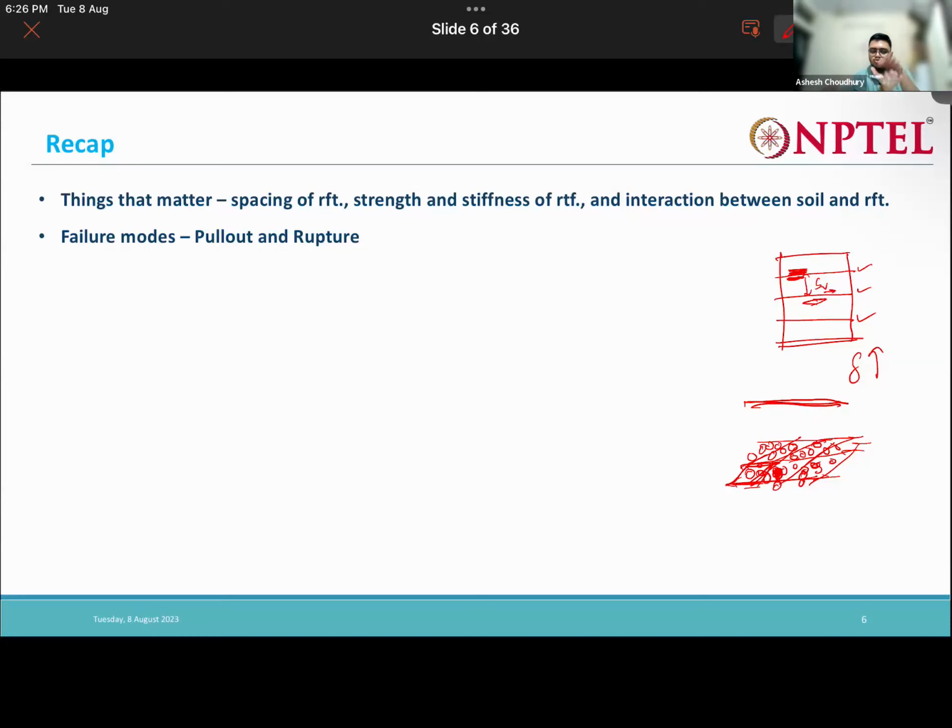If the reinforcements are too near, then it won't get mobilized properly. And if the gap is too much, the failure will occur. Failure of the soil will occur at a region which is not between these layers, in the virgin soil. So this reinforcement will be useless. So this spacing should be properly determined.